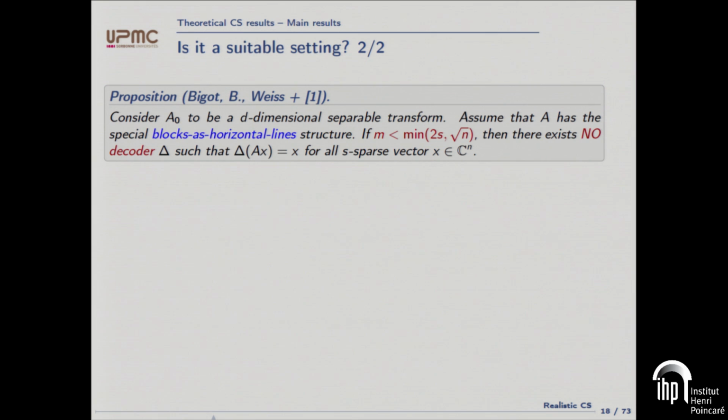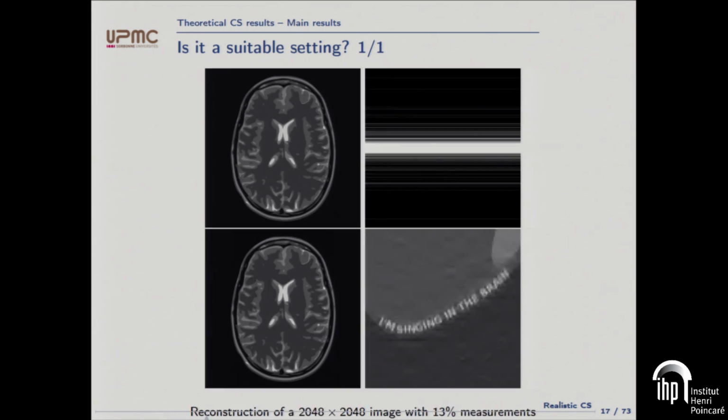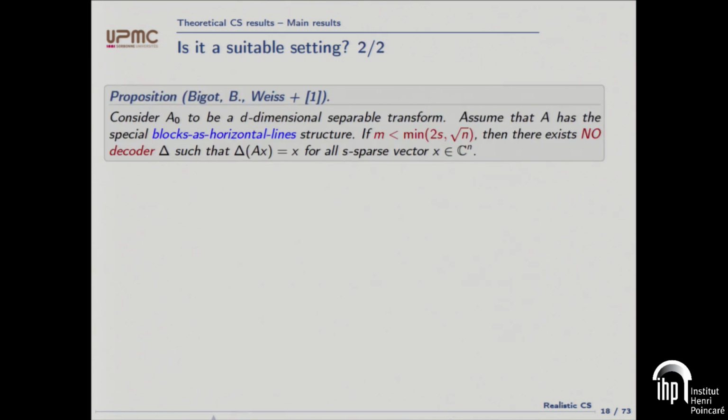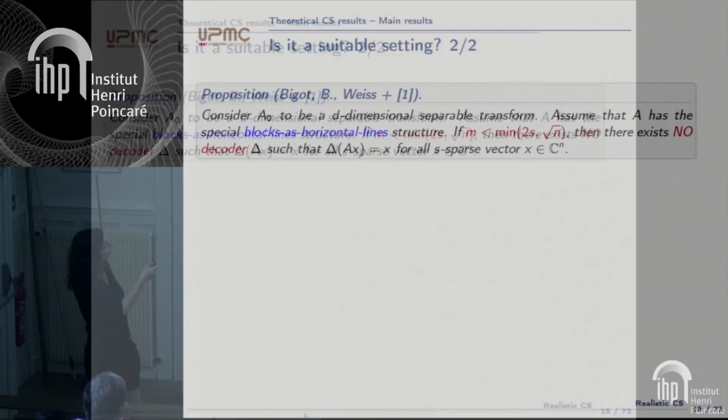So if you do acquisition like this here, with horizontal lines in the 2D acquisition space, you can show that if the number of horizontal lines that you take is less than 2s, s being the degree of sparsity, then there is no hope that you can decode any sparse vector.